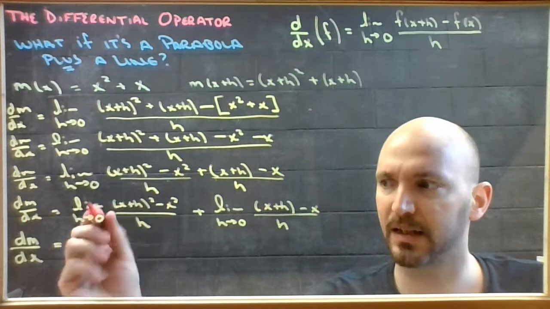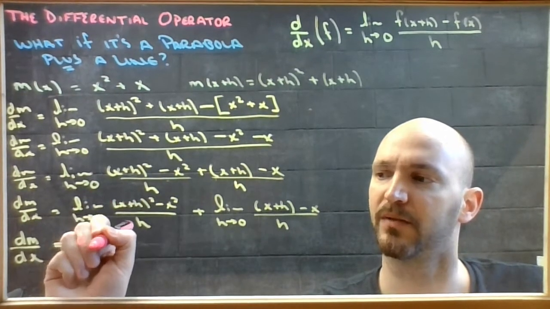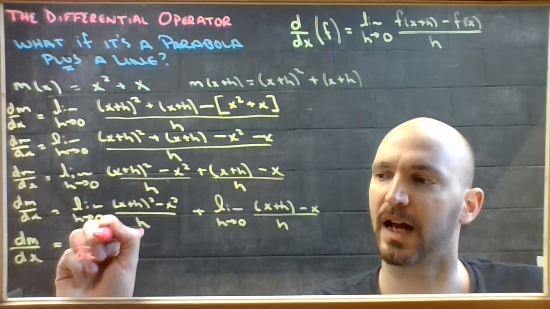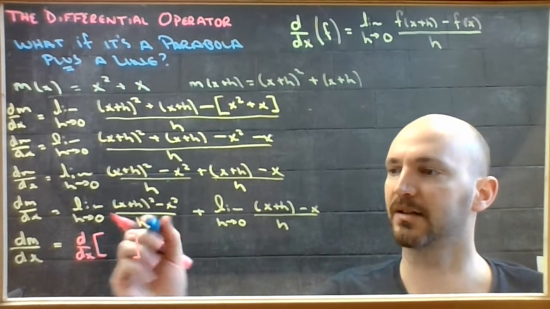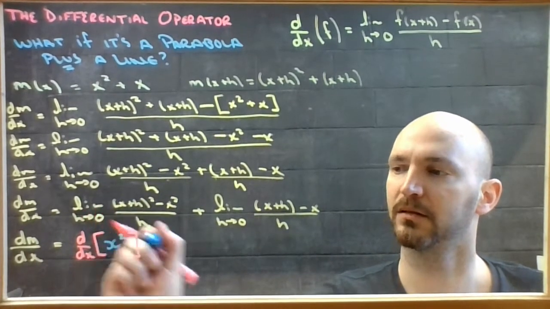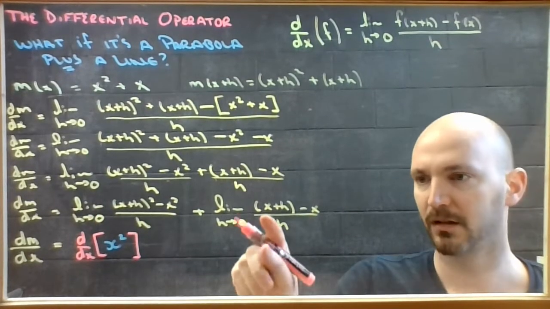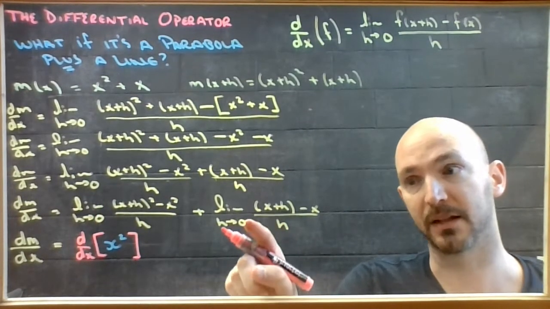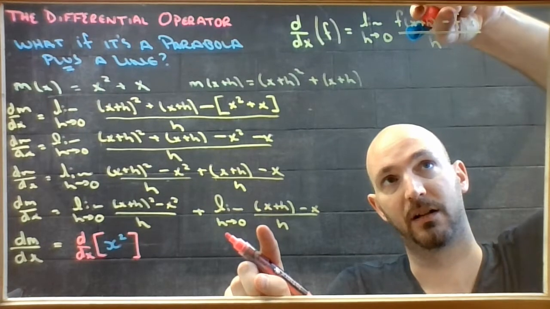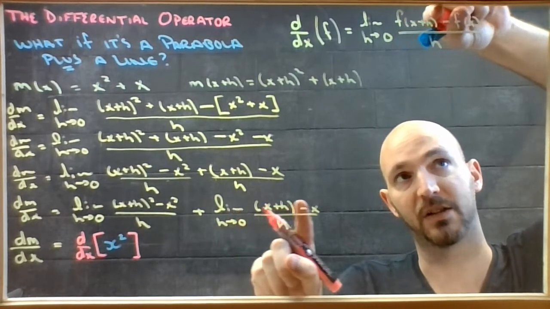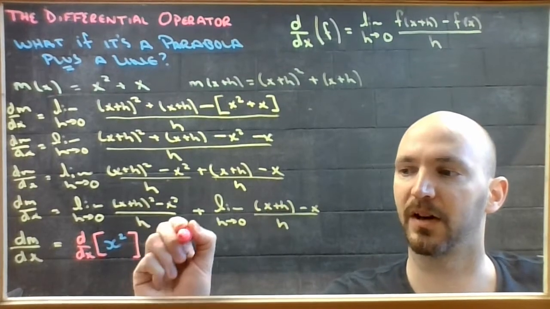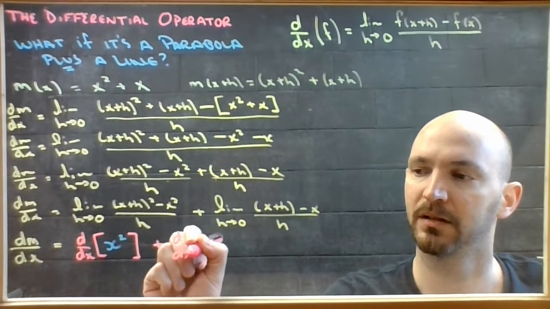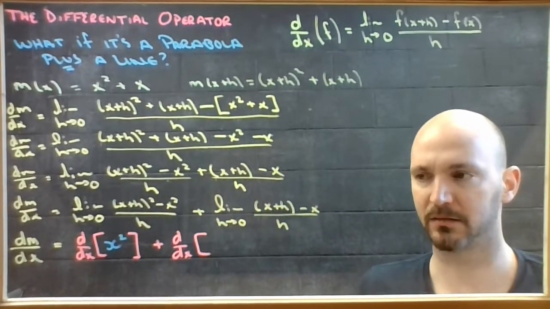So this thing here is just the derivative operator acting on an x squared. And this thing, the limit of f of x plus h minus f of x over h, well, this is just the derivative operator acting on a line.